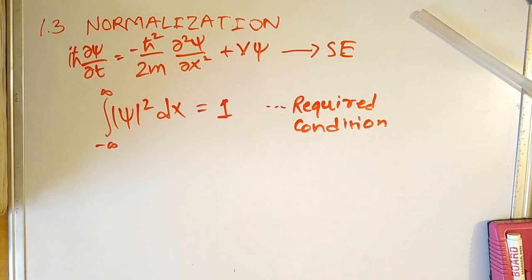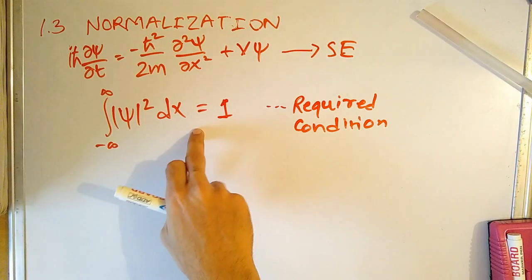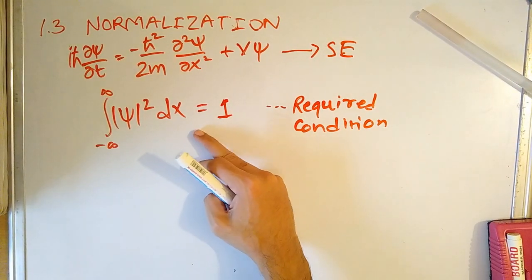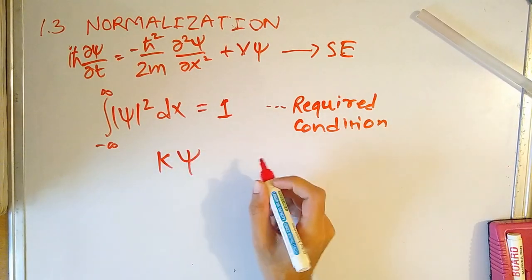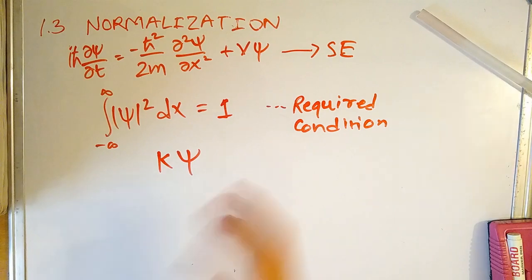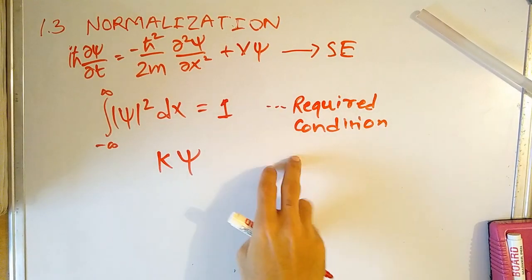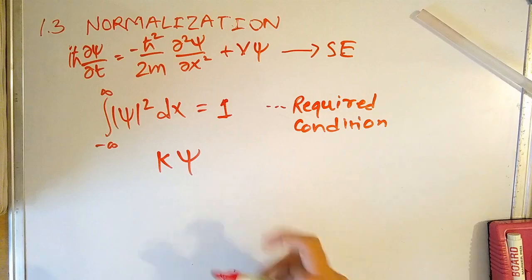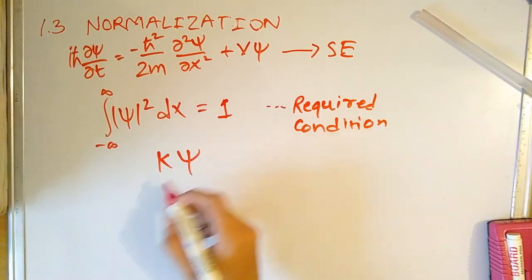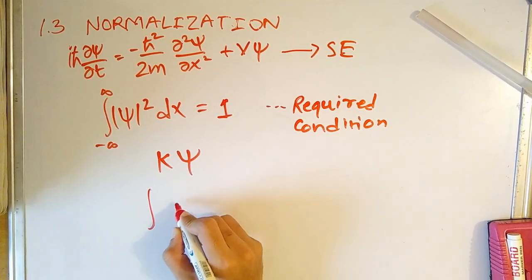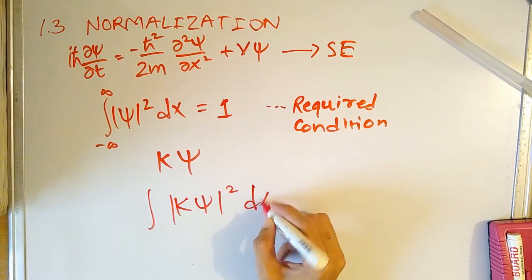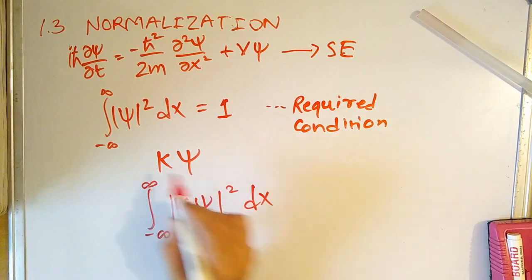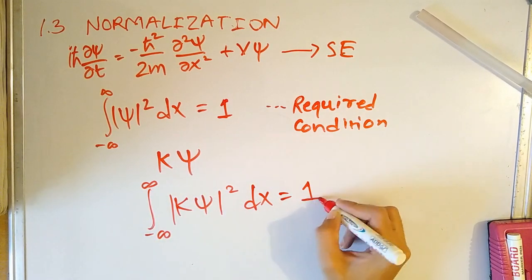So in case we get a solution from Schrodinger's equation for which this integral is more than 1 and a finite value, we will incorporate the factor k in front of the wave function so that the second requirement is satisfied, and this process is called normalization. So what we will do is basically multiply by this factor k in front of the wave function, integrate it with respect to x and equate it to 1.